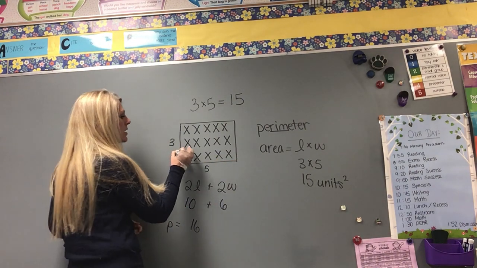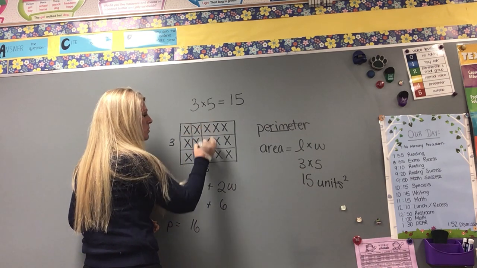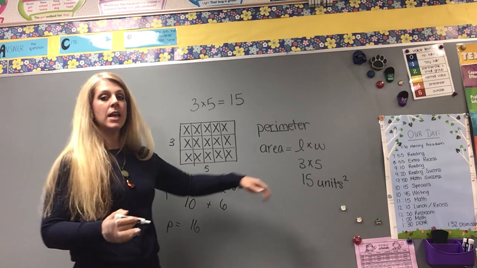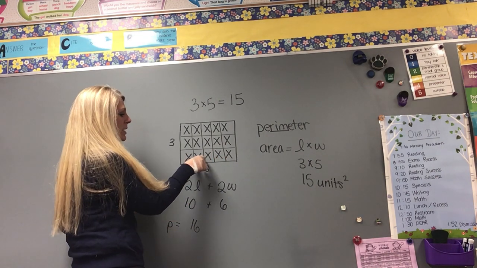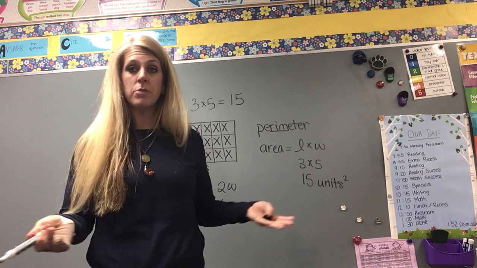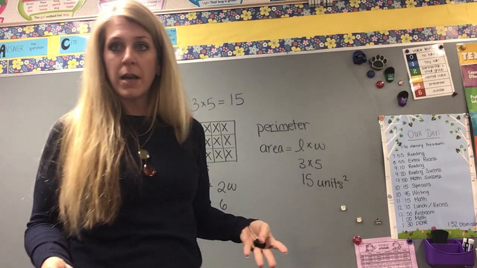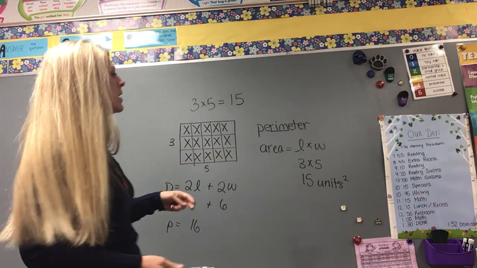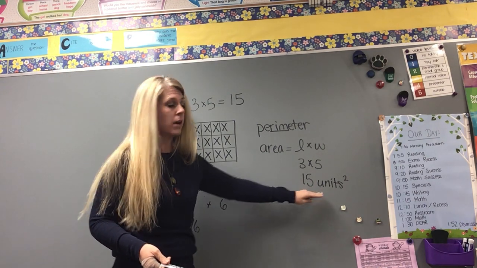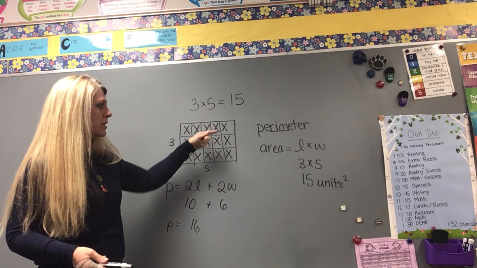If I thought of this like graph paper, and each one of these rectangles took up 1 square space, it would take 15 of these pieces to fill up this shape. They could be inches, centimeters, feet, or miles, whatever makes sense size-wise. In this case, I don't know, so I'm just calling it units. We always want to have a label there. So it would take 15 square units to fill up this shape.